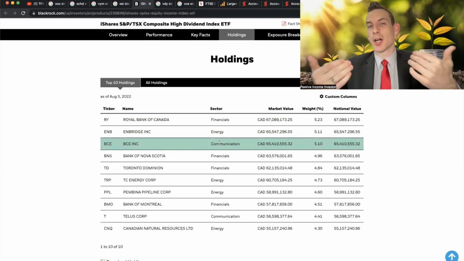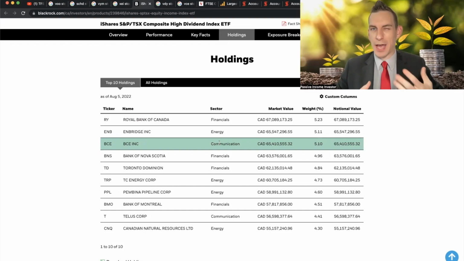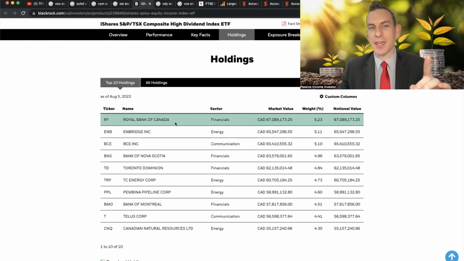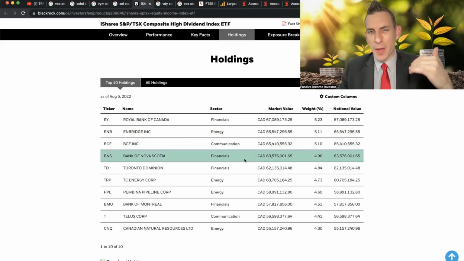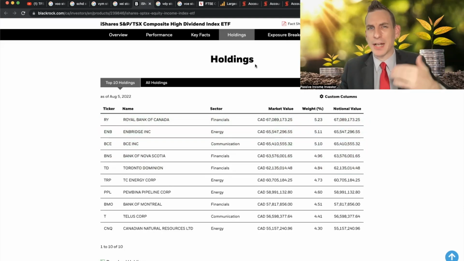Now, the US markets grow a lot better than the Canadian markets, so having concentration in smaller markets tends to yield better results. So with XEI, you can see we've got Royal Bank, the largest company in Canada, being at 5%, Enbridge at 5.11%. They have BCE, Bank of Nova Scotia, Toronto Dominion Bank, with nothing making up more than 5%.